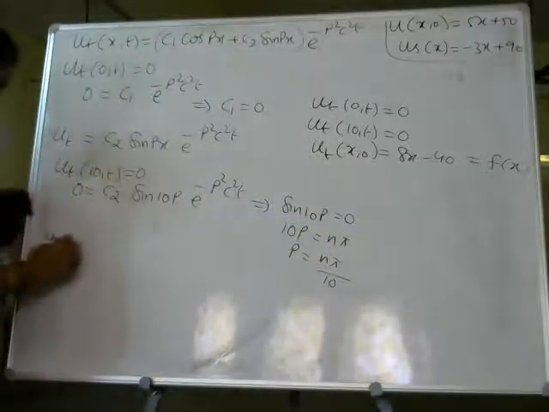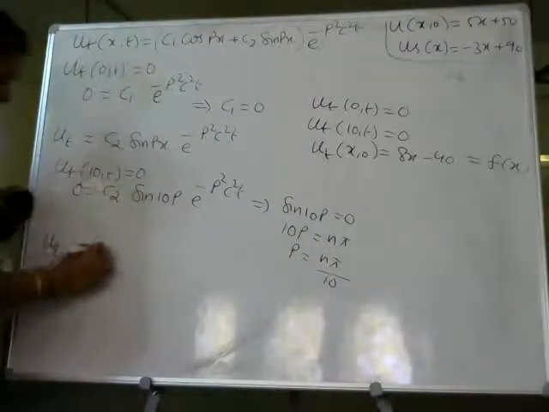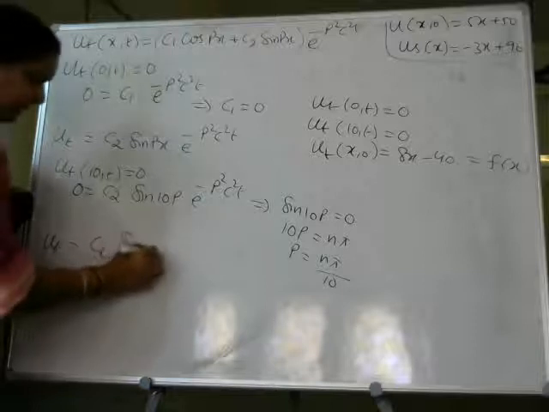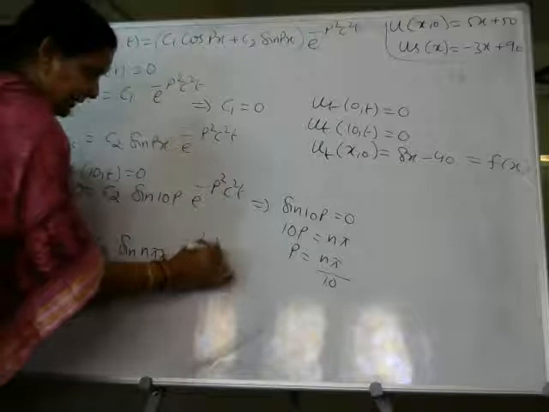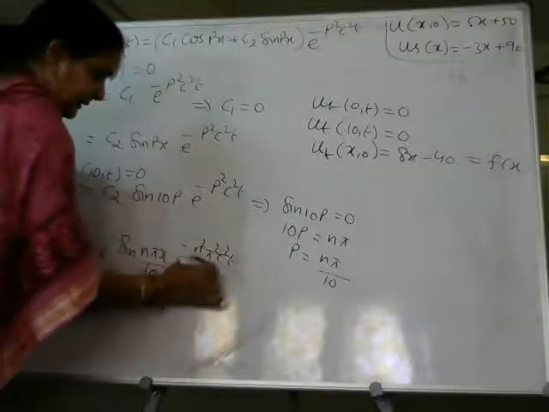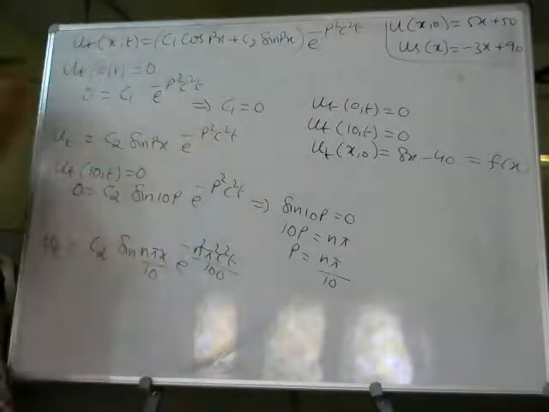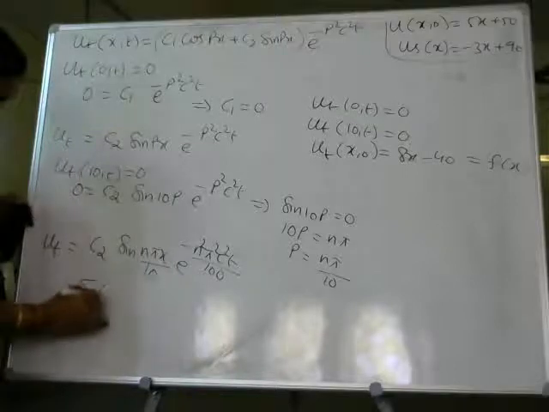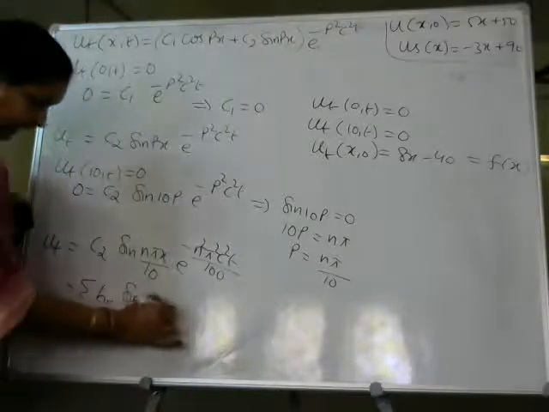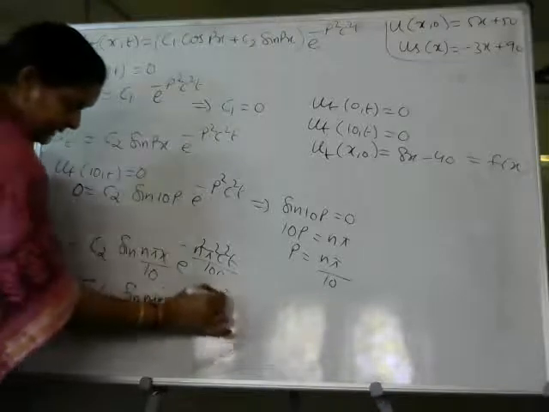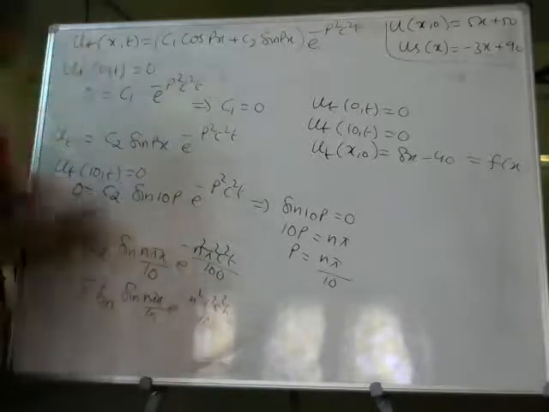So ut is equal to c2 sin n pi x by 10 e power minus n square pi square c square t by 10 square, means 100. So we write this whole solution as sigma bn sin n pi x by 10 e power minus n square pi square c square t by 100.